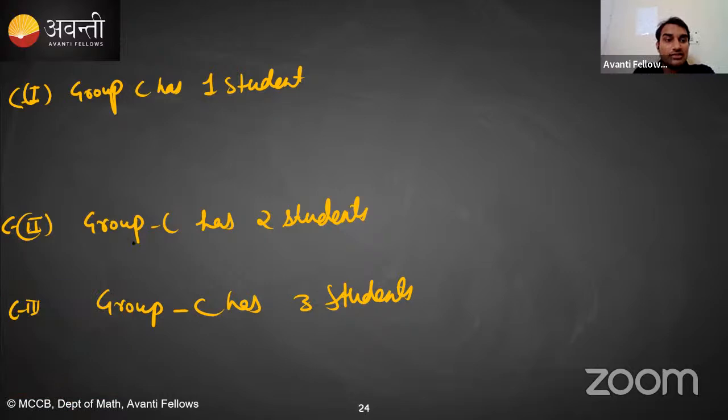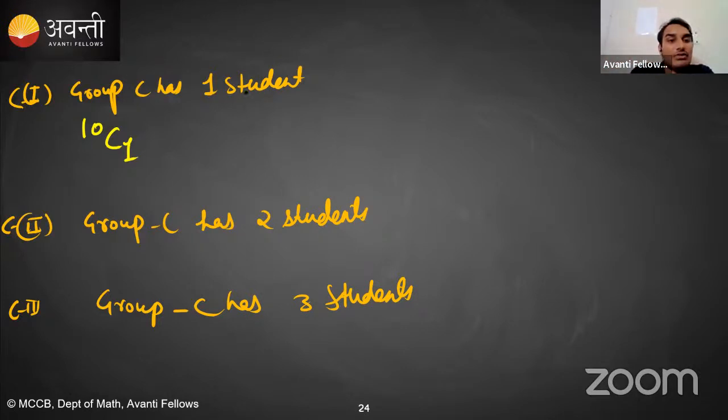Chalo. So first of all, what you do? Group C has 1 student. So there are total 10 students. So 10C1. Select 1 student from 10 students and उसको बोल दो you are in group C. Right? So now you are left with 9 students, such that you have to divide these 9 students in 2 groups, A and B. These 2 groups have at least 1 student.